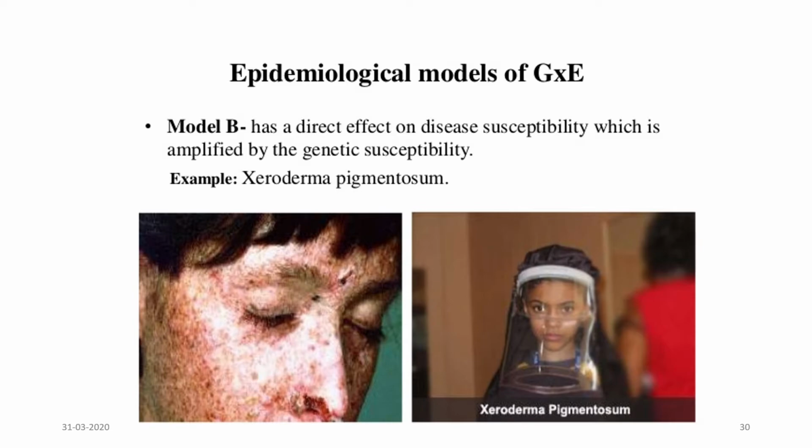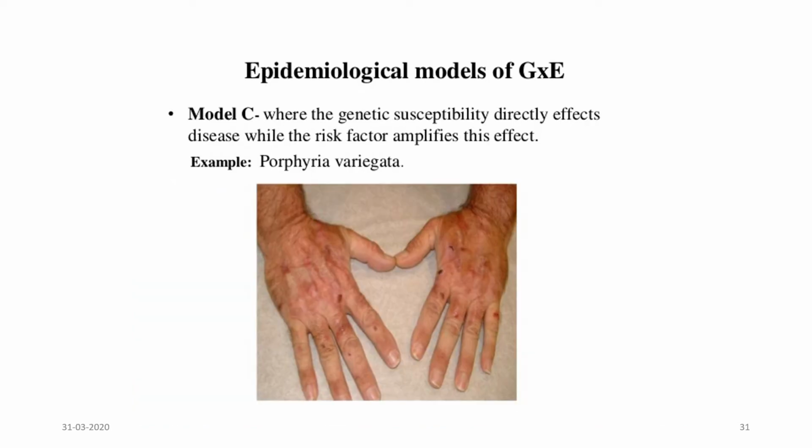When we are exposed to UV, normally there is formation of thymine dimers, which can be repaired by the DNA damage repair enzyme system. But in xeroderma pigmentosum, it is a genetic defect where the child itself can develop this disease. So you have to take particular care, otherwise at the age of 10 the child can have skin cancer.